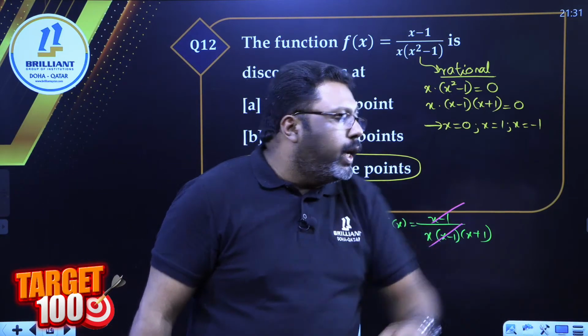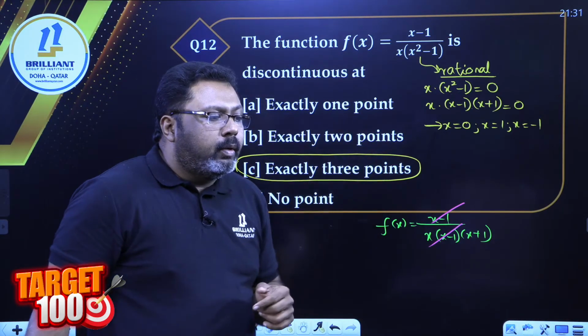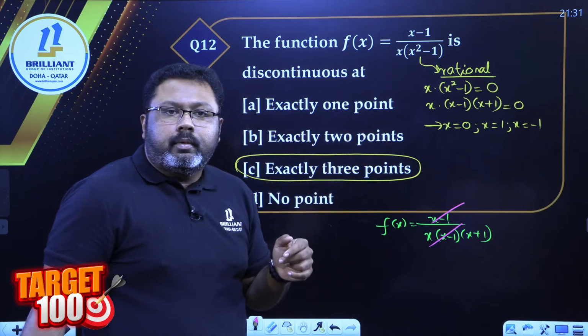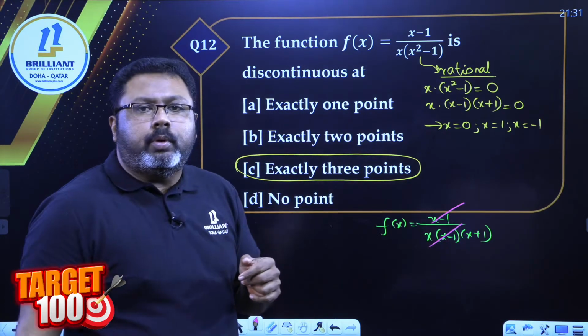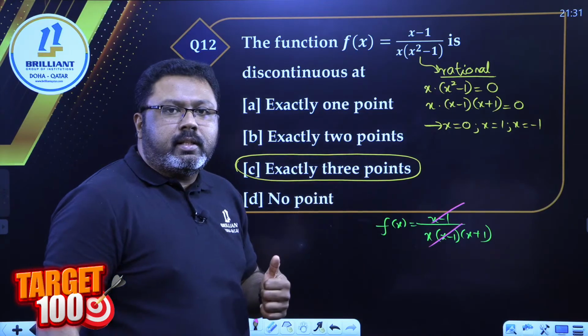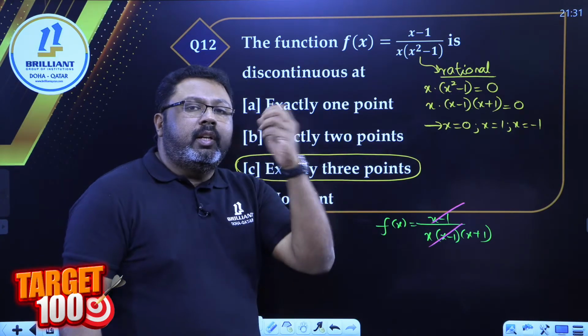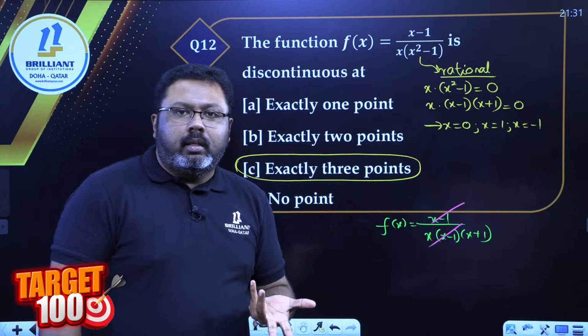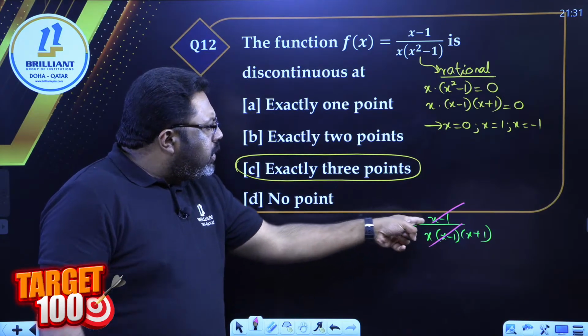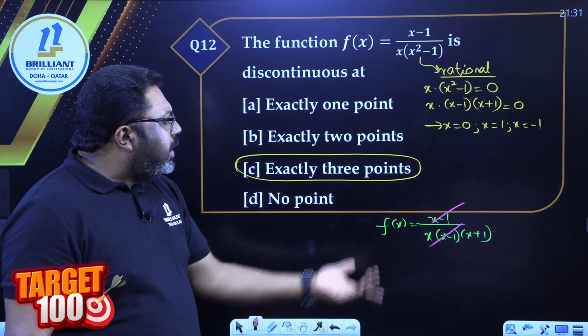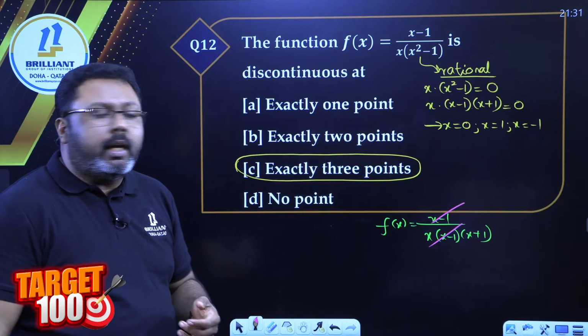Already I got a few of you saying 2 points as the answer. Why do they think like this? I asked you for the denominator to become 0, right? Sir, this is also possible. I can take out x minus 1 and say 2 points of discontinuity.